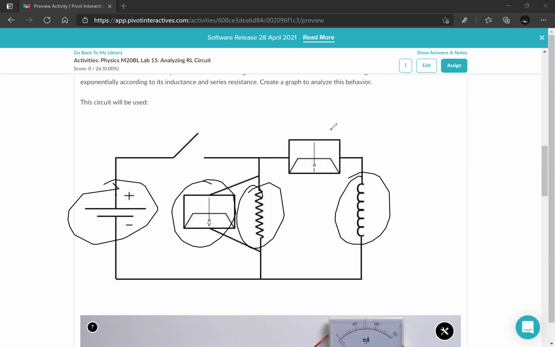We have a voltmeter and we have an ammeter. Technically, our devices are the battery, resistor, and inductor. Our tools are the voltmeter and ammeter, because those are the tools that do not affect the circuit in any way. They're used to measure things, but not necessarily affect the circuit. They're not circuit devices. They are just tools that we use for measurements.